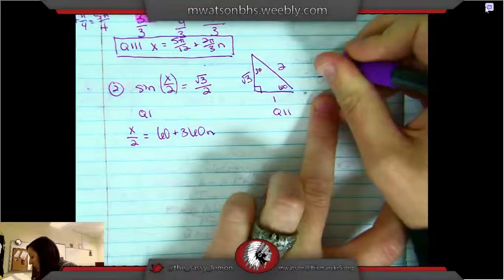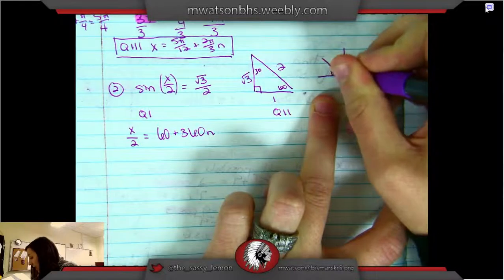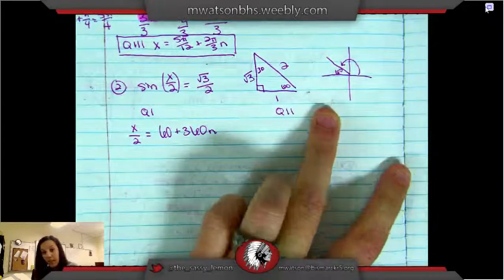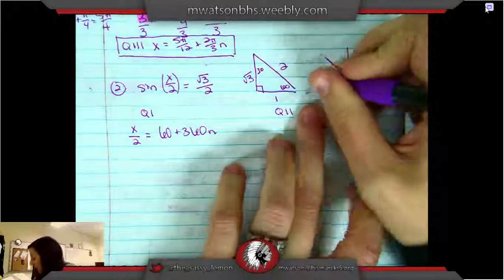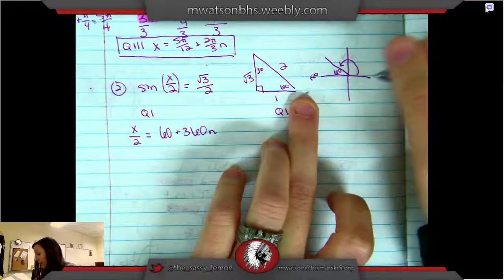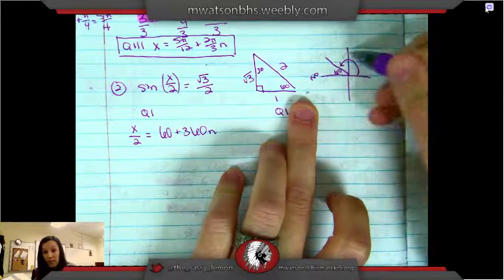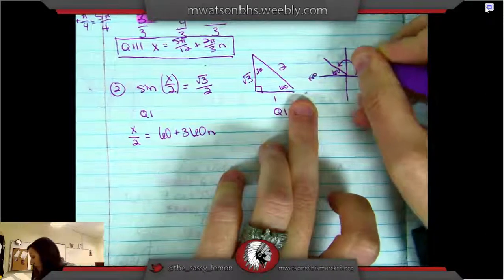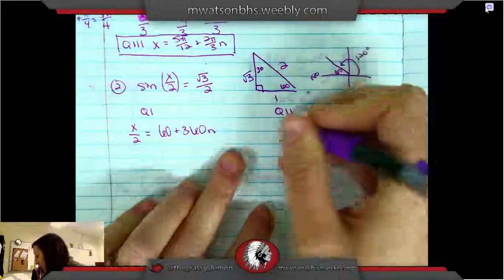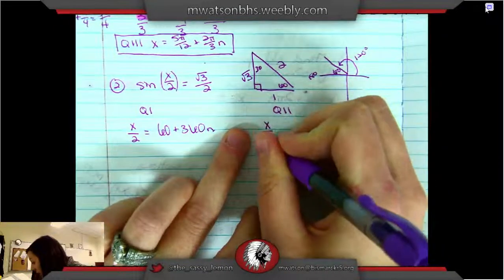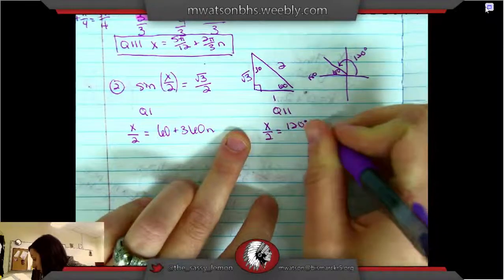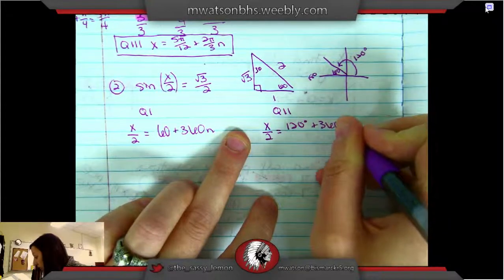So in quadrant 2, I need a reference angle of 60. So how big is the angle that creates that reference angle? For this problem, I'm going to have to actually do 180 minus 60 to figure out how big this is. So 180 minus 60, that's 120. So I'm going to put my angle x over 2 equals 120 degrees plus 360 degrees times n.